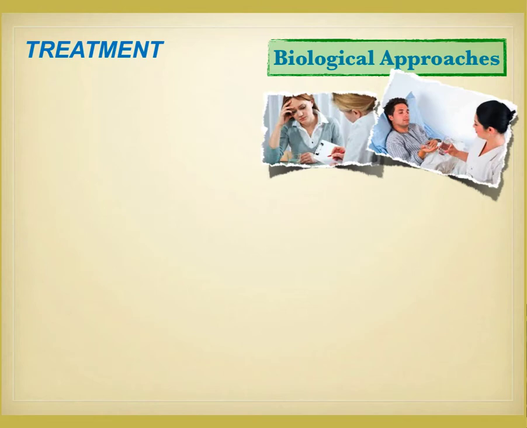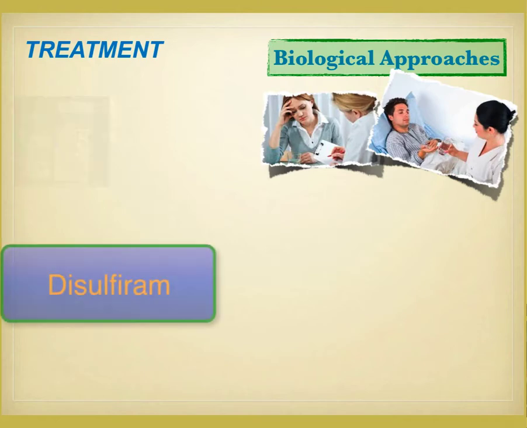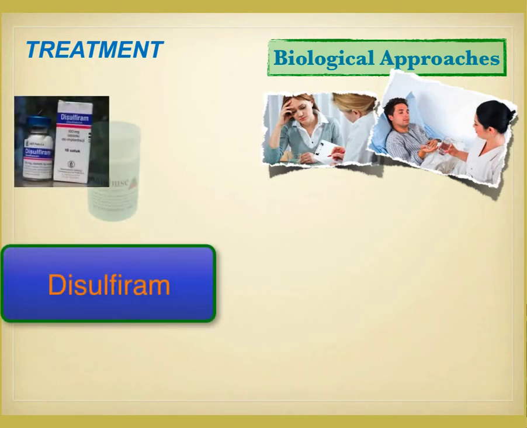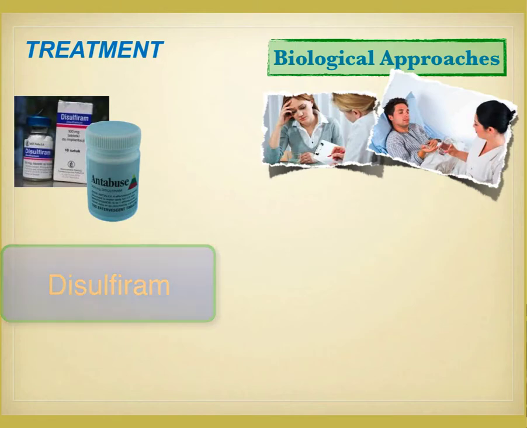Now, there are other medical or biological approaches. Disulfiram is an alcohol patch, and it produces an adverse reaction to drinking alcohol. It's the same as nicotine patches. Antabuse is another medication that's used for the same thing, and it's like if you eat something you're not supposed to eat.